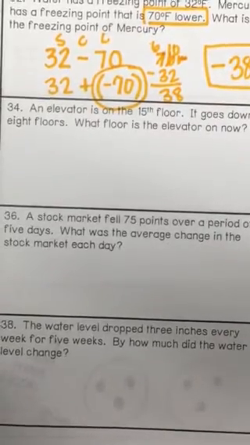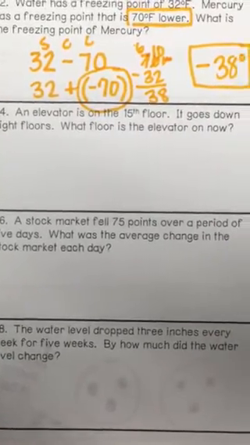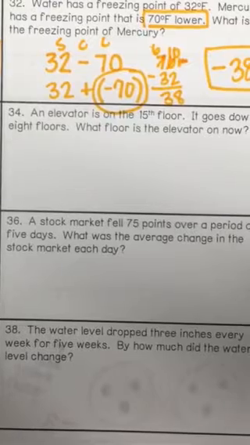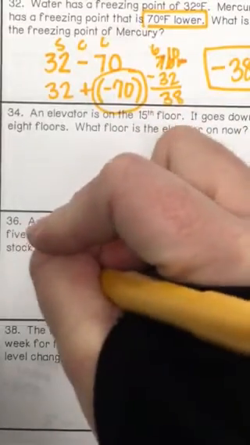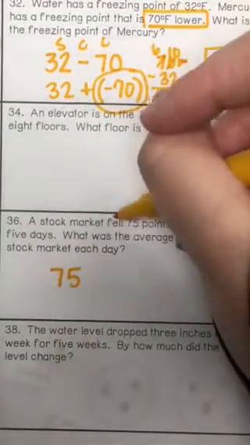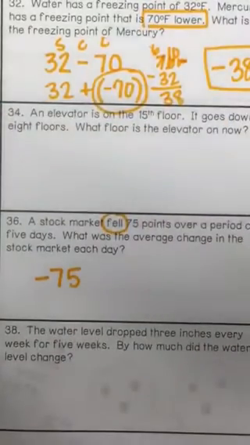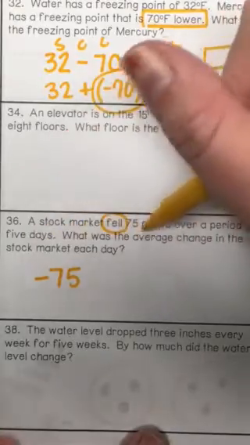I want to look at number 36. Number 36 says that a stock market fell 75 points over a period of 5 days. What is the average change in the stock market each day? Well, I'm starting with 75 points, but it fell 75 points, so my number has to be negative 75 points. It says over a period of 5 days. What is the average?